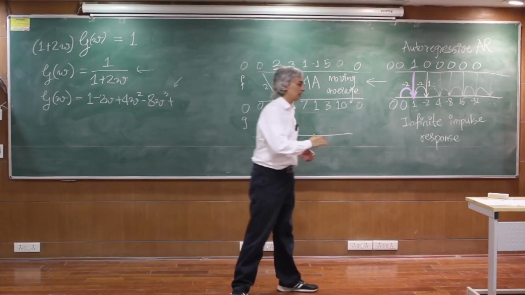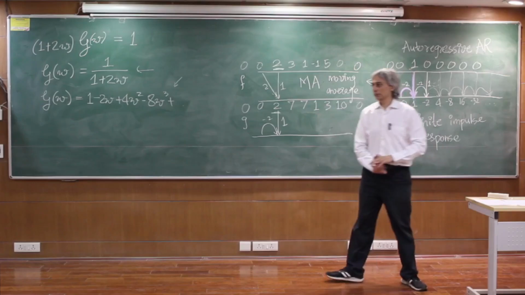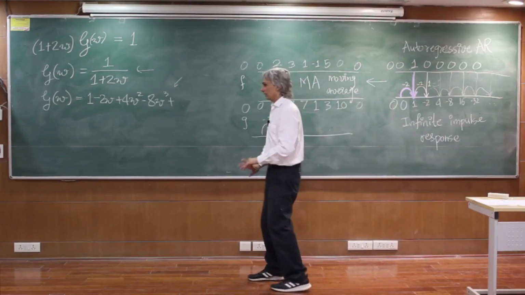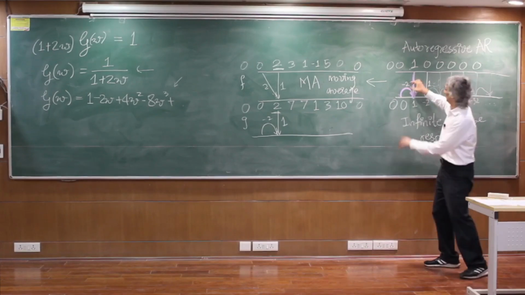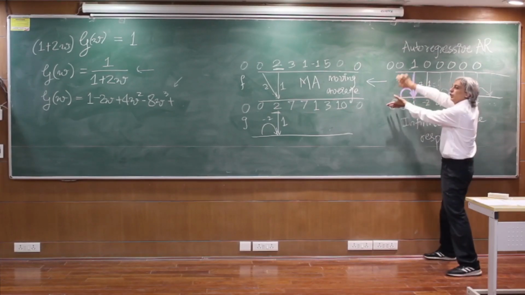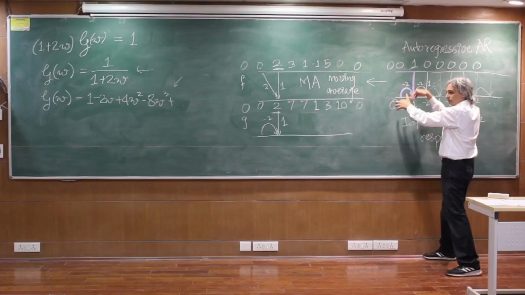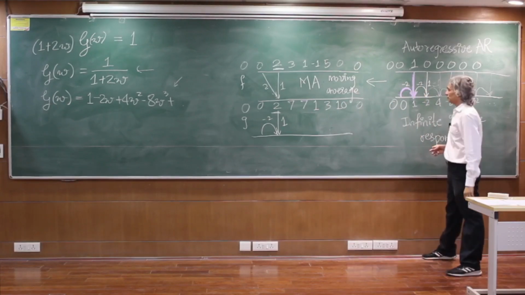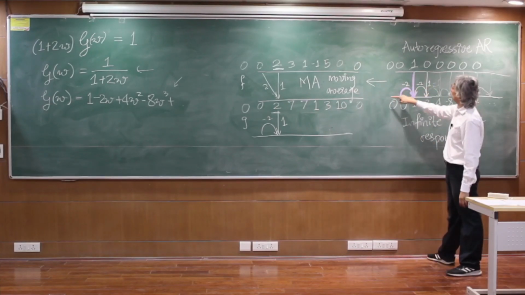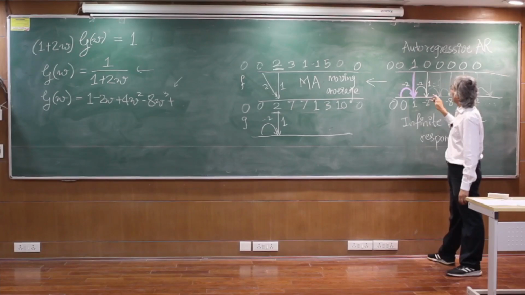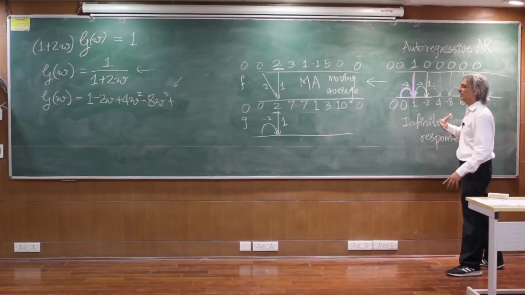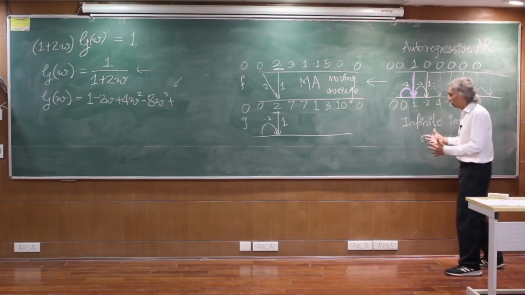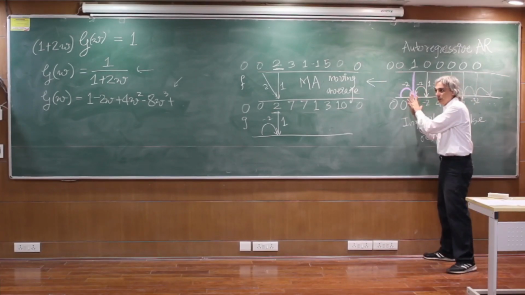Okay? This structure, the structure which is actually autoregressive, gives you the benefit of convolving with an infinite impulse response using only finitely many additions and multiplications.